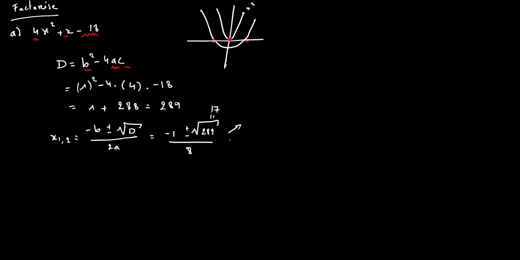That's going to give you two possible solutions: one where you add the square root and one where you subtract it. The first one we find is going to be 2. In this case you're just adding, so you get minus 1 plus 17 is 16, divided by 8 is just 2. And in the other case, you find that it's minus 18 over 8.